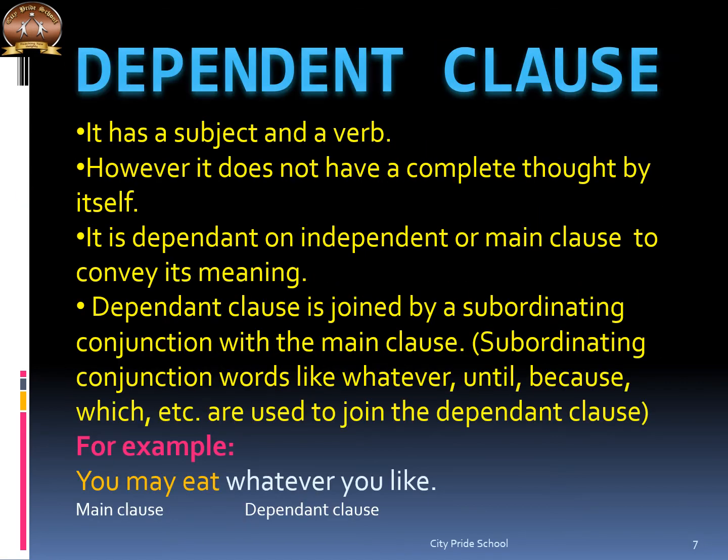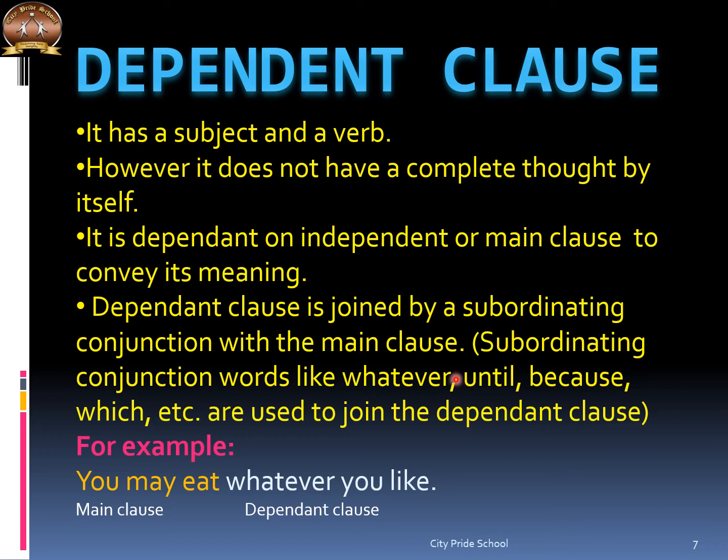The second type of clause is dependent clause. As the name suggests, it cannot stand alone, it depends on the main clause to convey a complete meaning. Definitely, it has a subject and a verb. Now, it is also called a subordinate clause. So, it is dependent on the independent or main clause. Dependent clause is joined by a subordinating conjunction with a main clause.